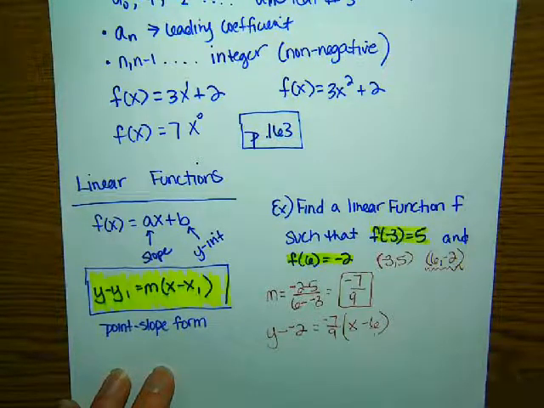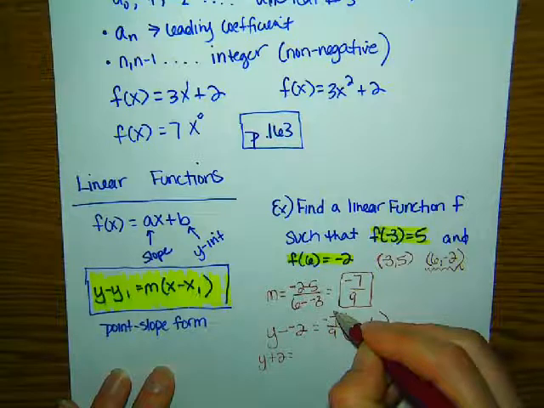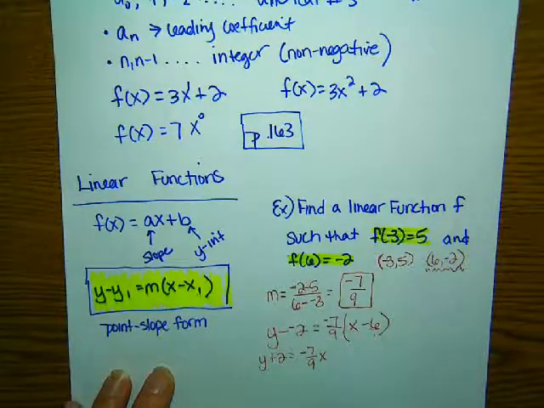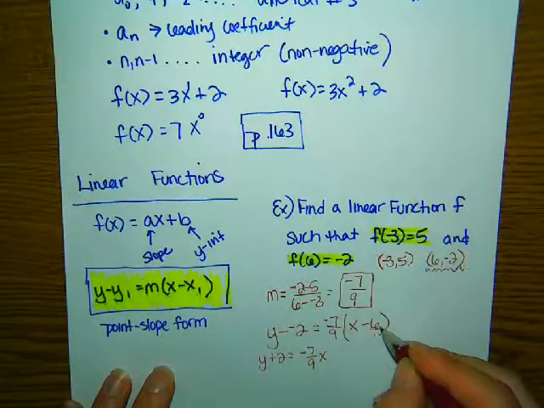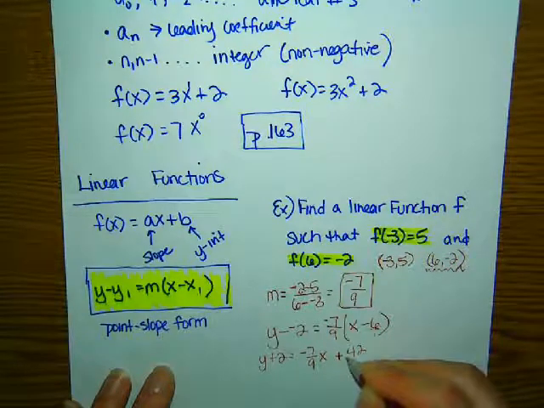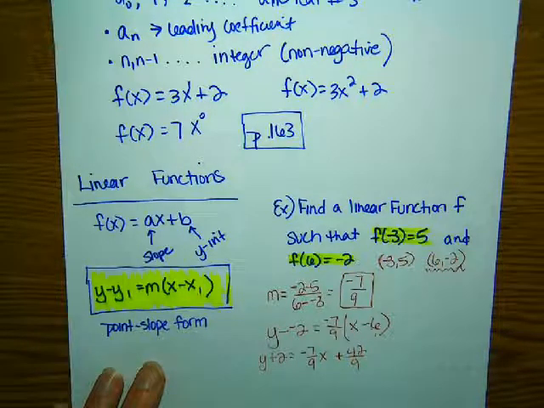These I can put over 1, right, if I wanted to. Over here I have y plus 2. We distribute. This is -7/9 x. We're good so far, right? And over here I have -7/9 times -6. Wouldn't that be plus 42/9? We okay so far?